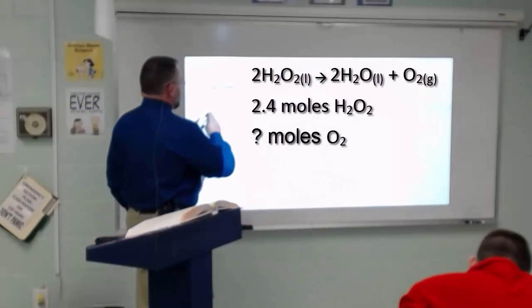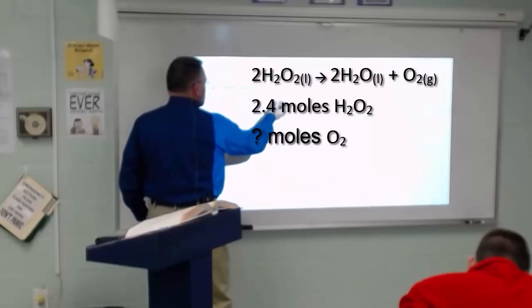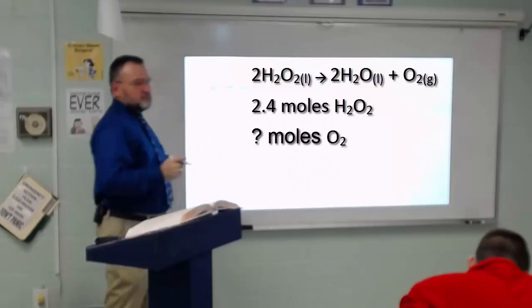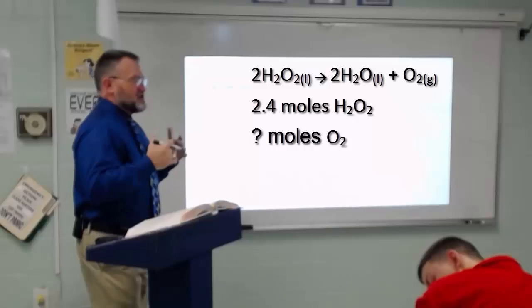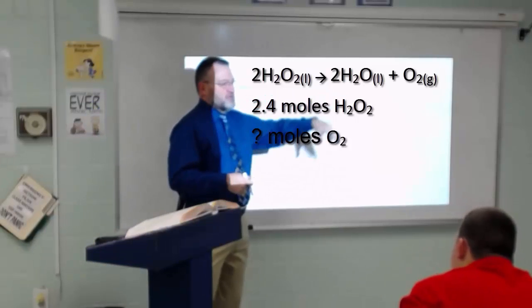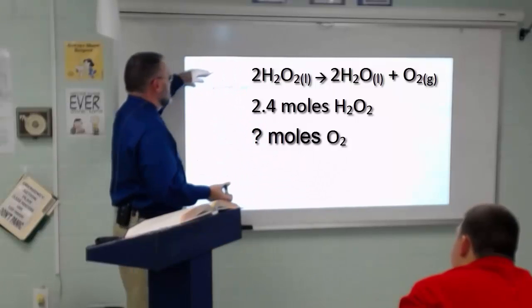I have moles of H2O2, and I'm asking for moles of O2. We need some kind of a relationship in here that's going to move us from moles of H2O2 to moles of O2. And we're going to get that statement of equality from our equation.